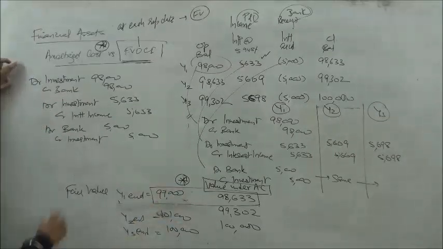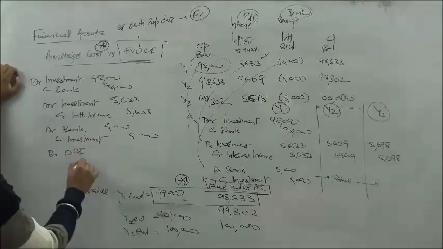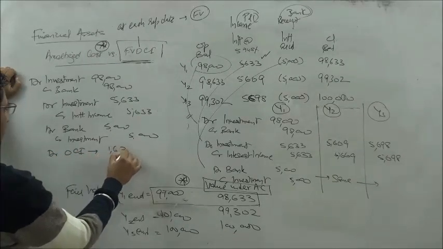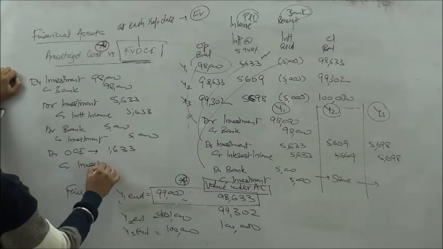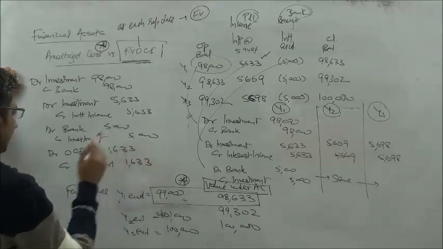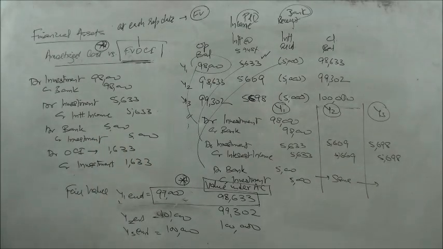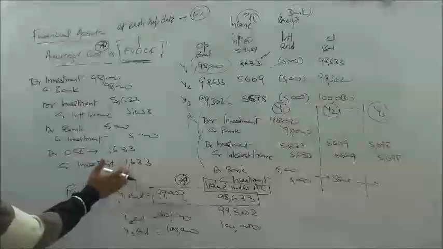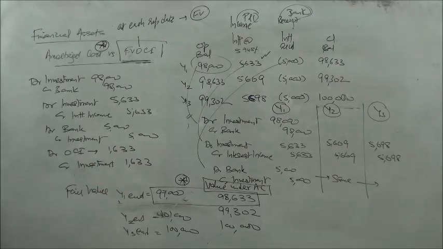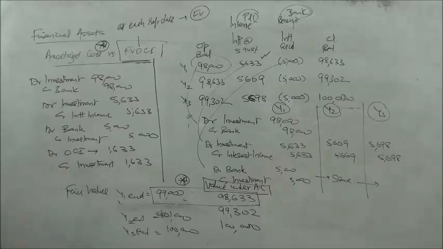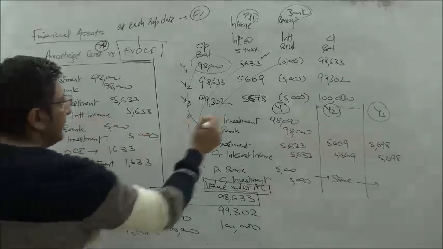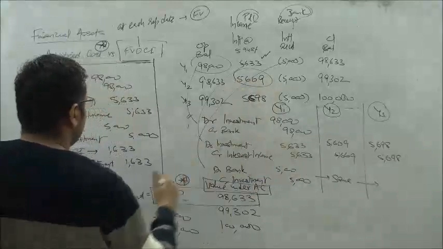I need to create an OCI loss to the extent of a differential of 1633 and reduce the value of my investment to that extent. Okay, so from 98,633 now I show it up at 97,000. Okay, right? Same ways when I move on to my year 2, I'm saying that my interest income is 5669. So this is the same accounting treatment.